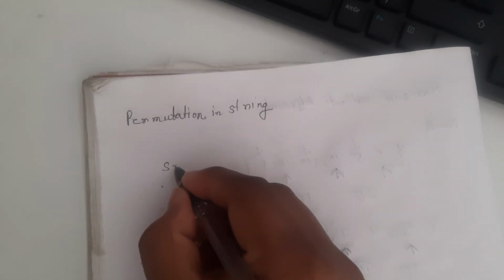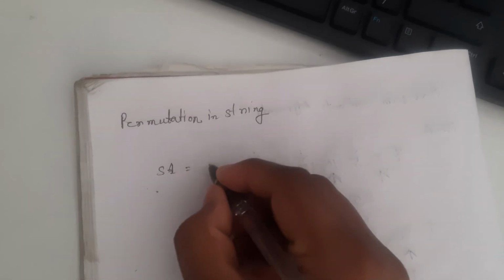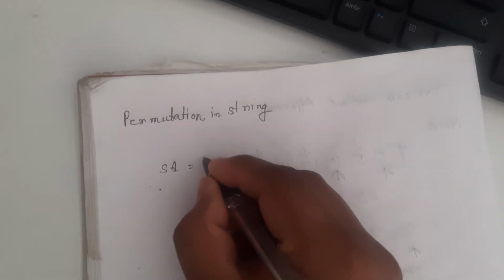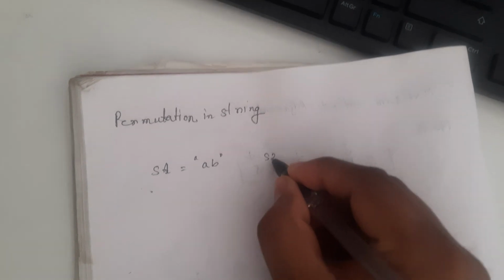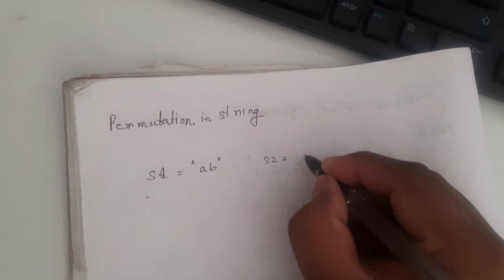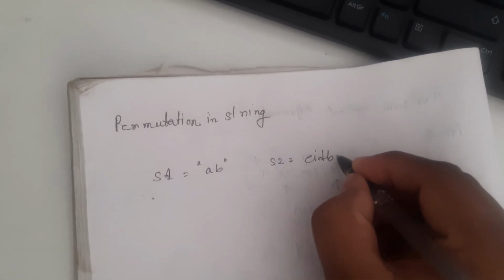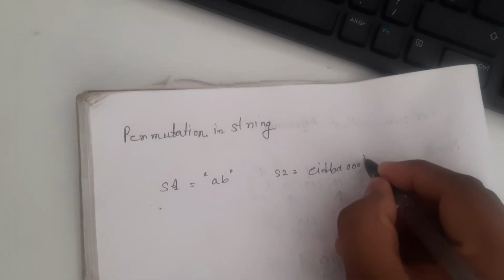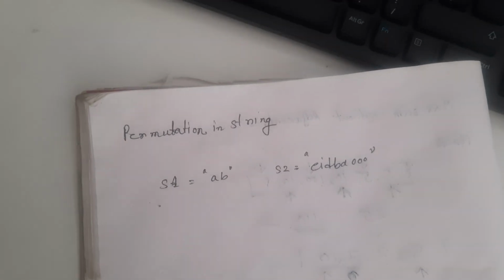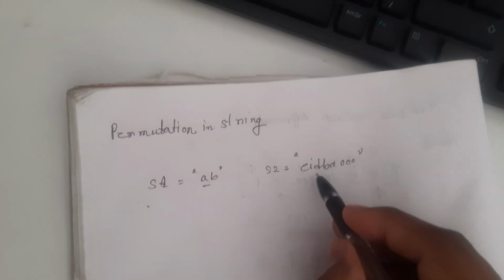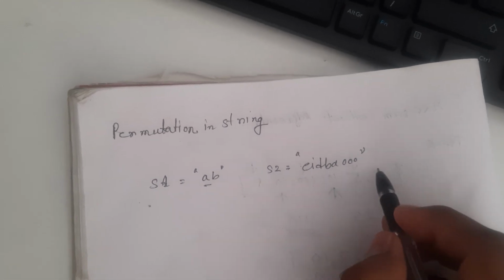You are given two strings s1 and s2. You can see that s1 is ab and s2 is eidbaooo or something like that.